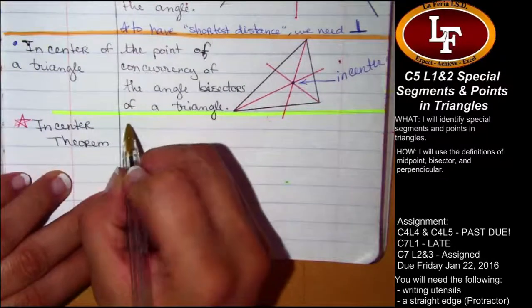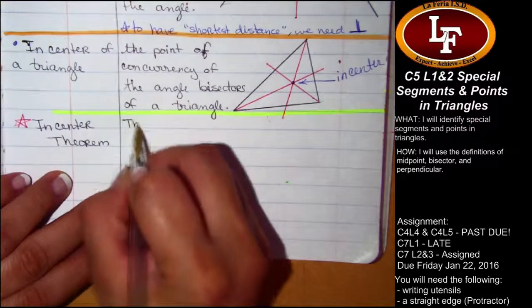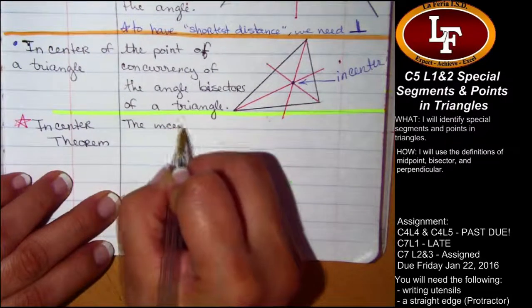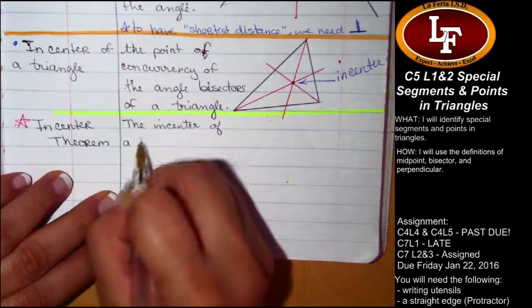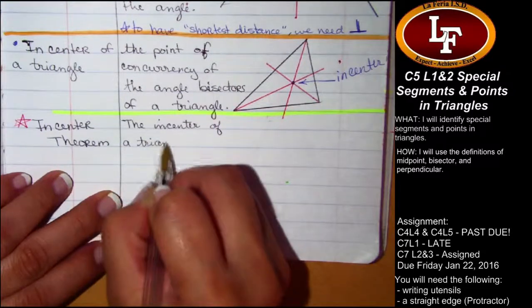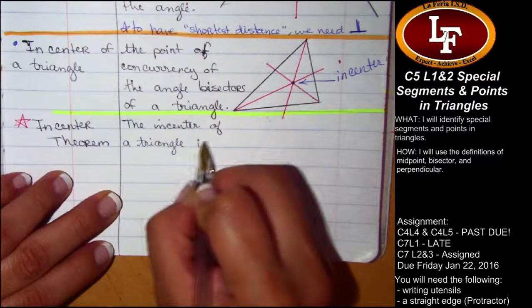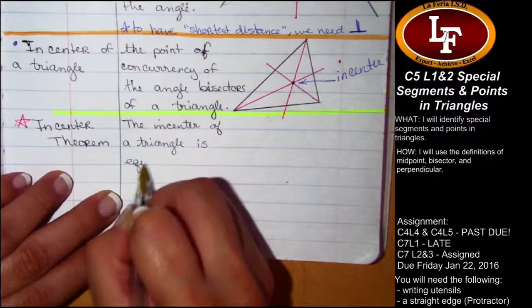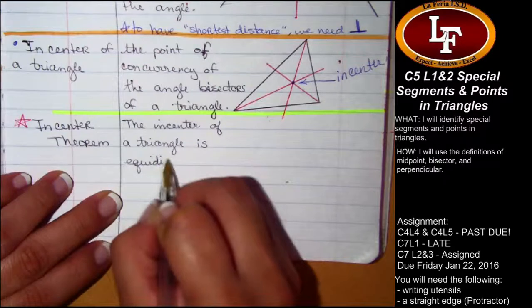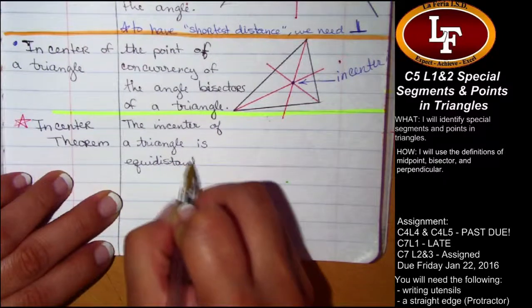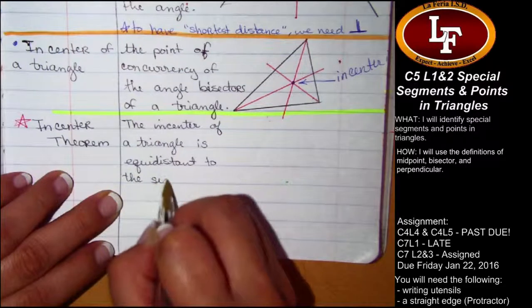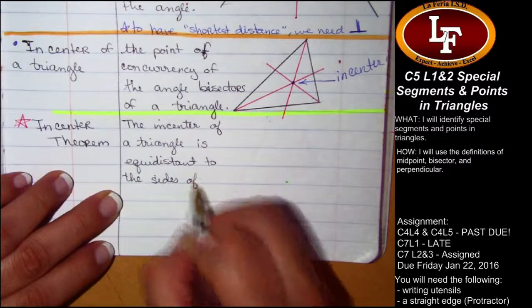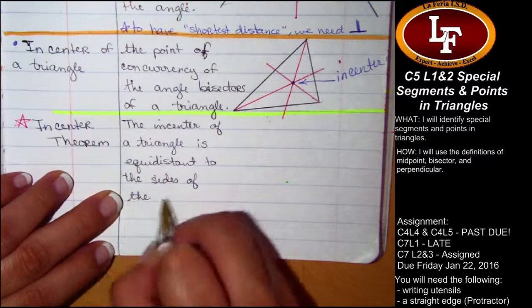All right, the in-center theorem says the in-center of a triangle is equidistant to the sides of the triangle.